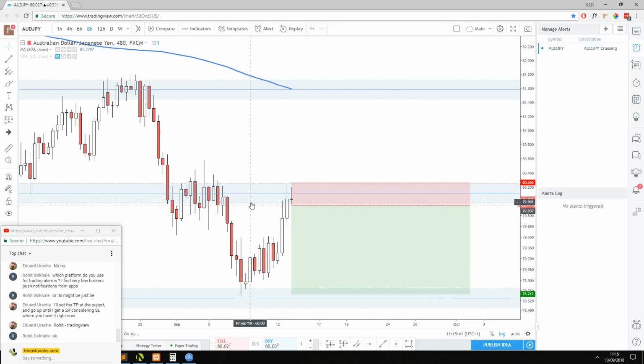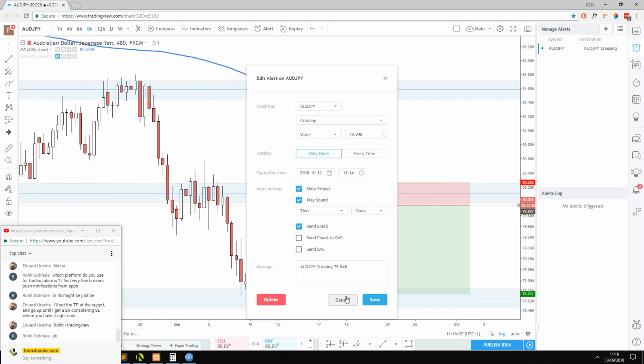What I mean is the right broker for you might not necessarily be the right broker for me, or the right broker for me might not be the right broker for you. So we'll discuss price alarms with my broker in the forum. But TradingView is perfectly good.